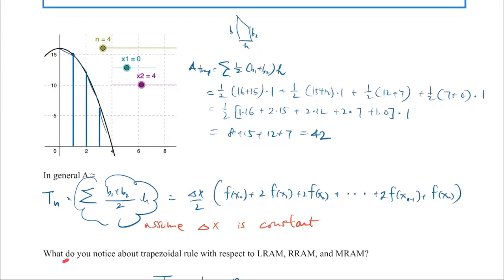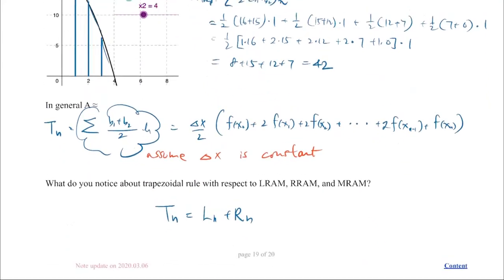Now, there was a question for you guys. What did you notice about the trapezoidal rule with left RAM, right RAM, and midpoint RAM? We're estimating with the left rectangle, the right rectangle, and the middle rectangle, right? If you said the area of the trapezoid with n pieces is equal to the average of the left and the right, you're absolutely right. And we could even prove it actually.